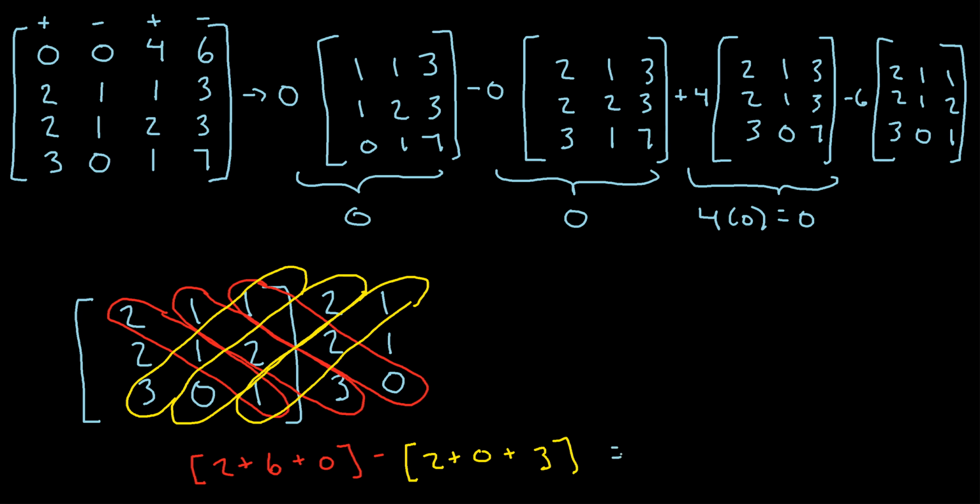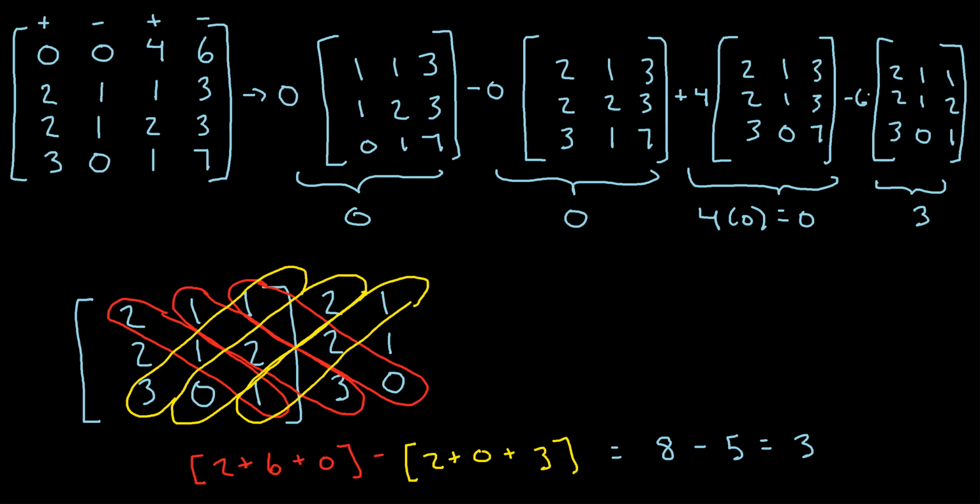So we get 2 plus 6 is 8, plus 0 is still 8, minus 2 plus 0 plus 3, that's 5. So we have 8 minus 5 is equal to 3. So the determinant of this matrix right here is 3.